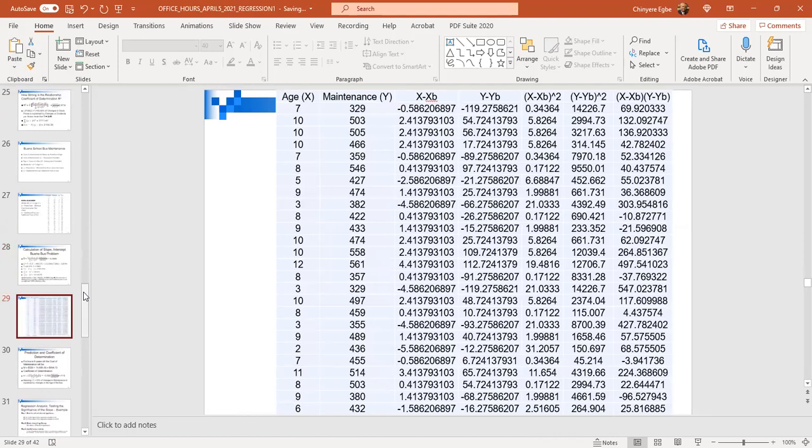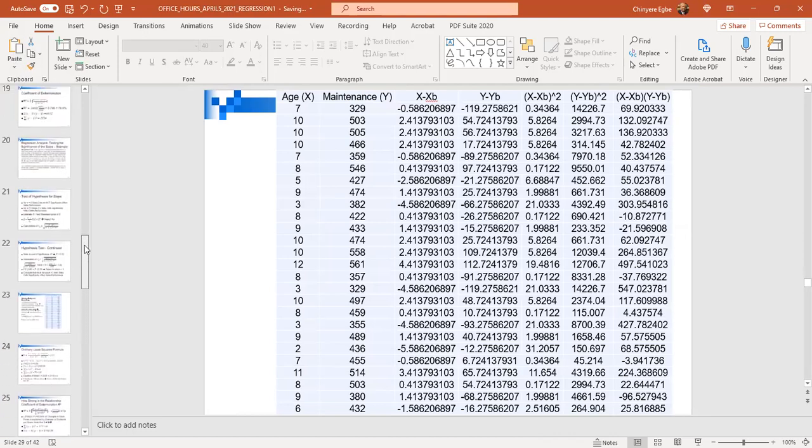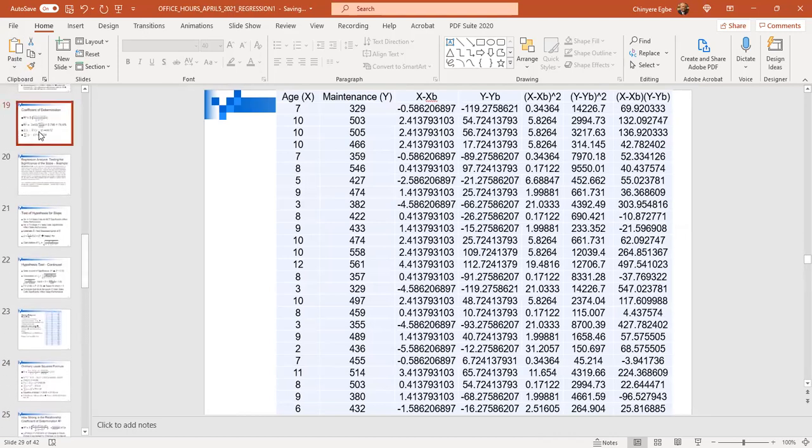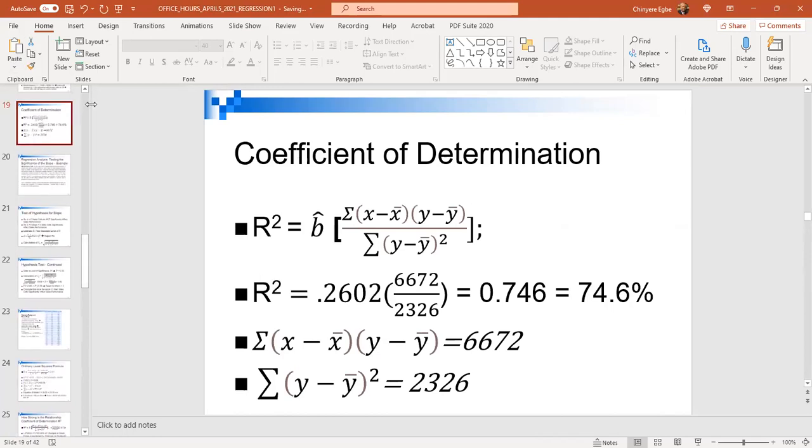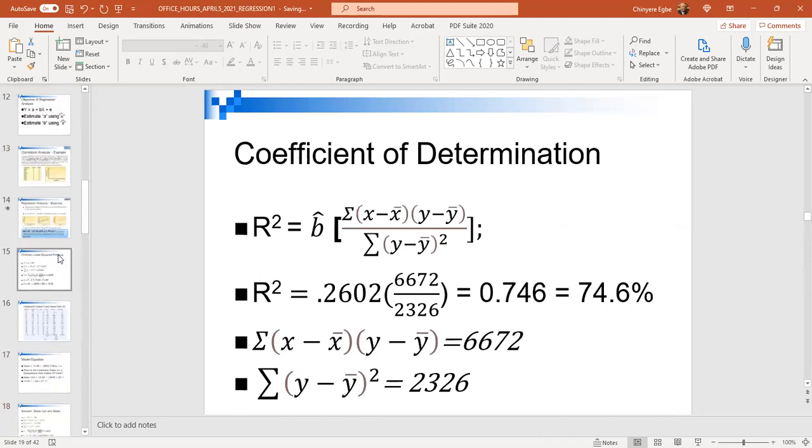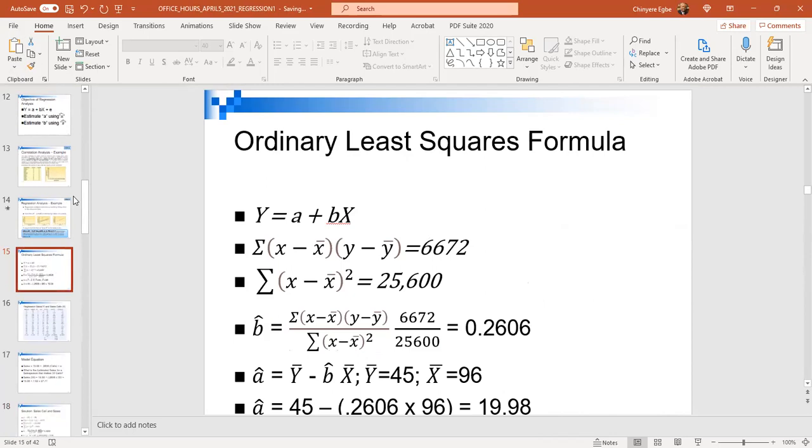I'm going to pull up the formula again. All right, so this is the formula.